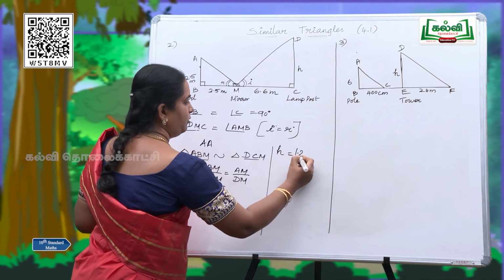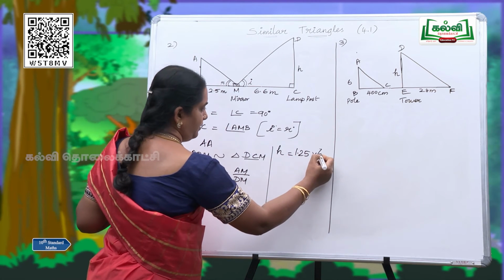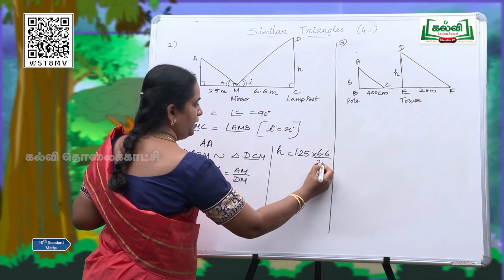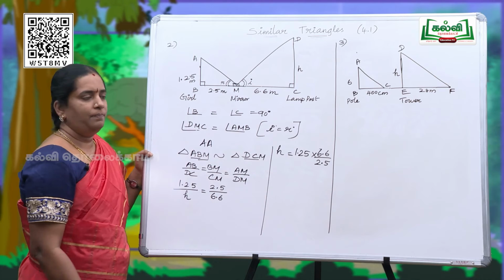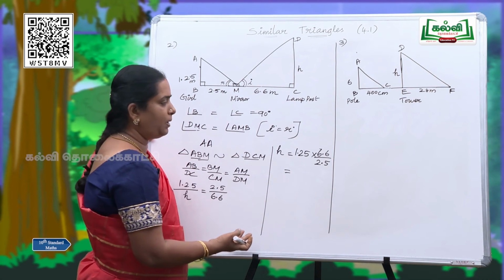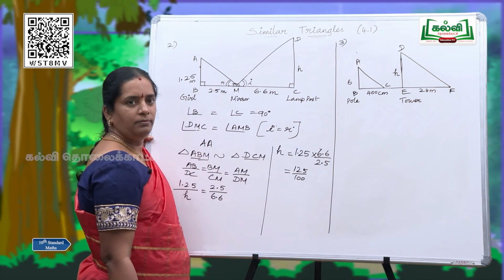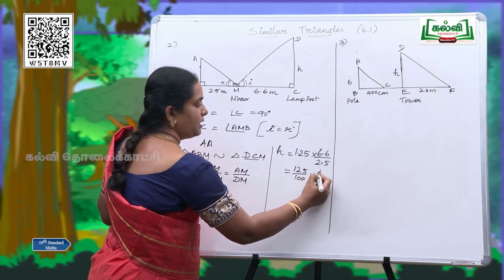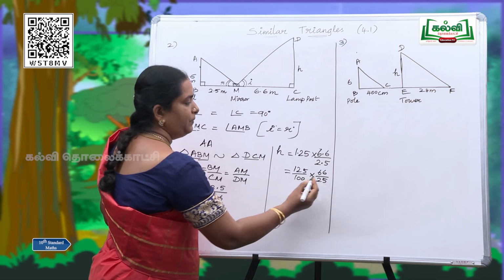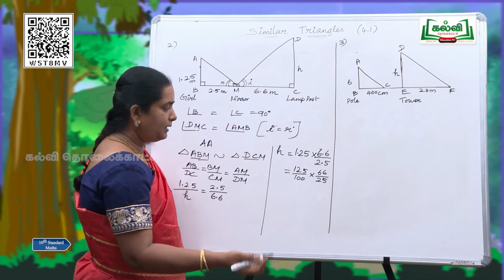So 1.25 into the reciprocal, 6.6 by 2.5. If you find it difficult to see all these decimal points, I can write it as 125 into 66 by 25, since I multiply both the numerator and the denominator by 10.